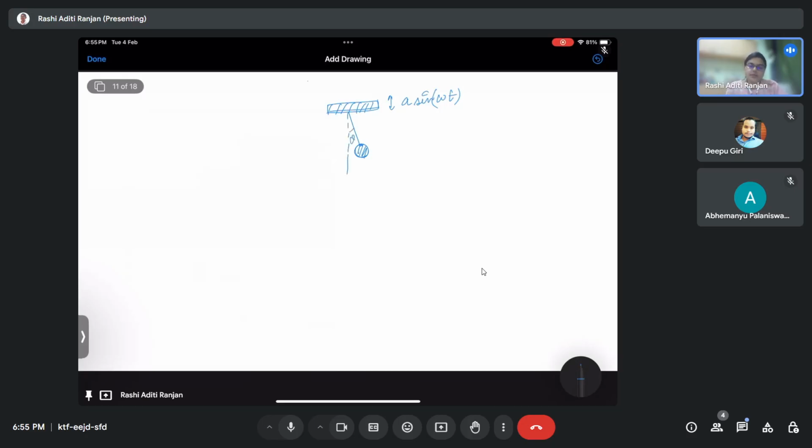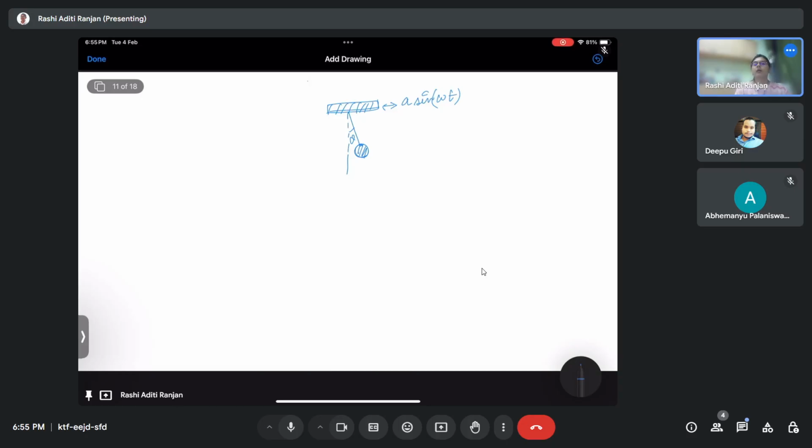Okay, I'll consider my support oscillating not vertically but horizontally.